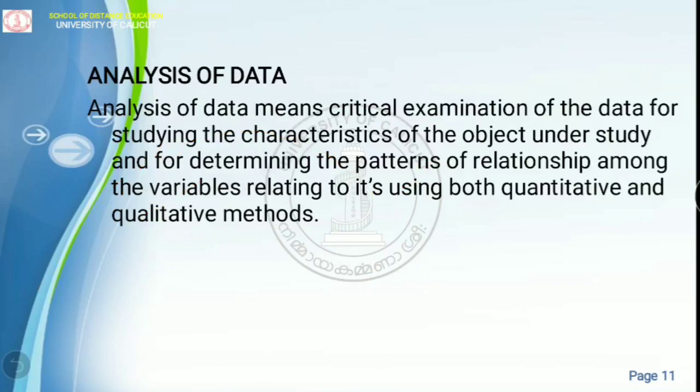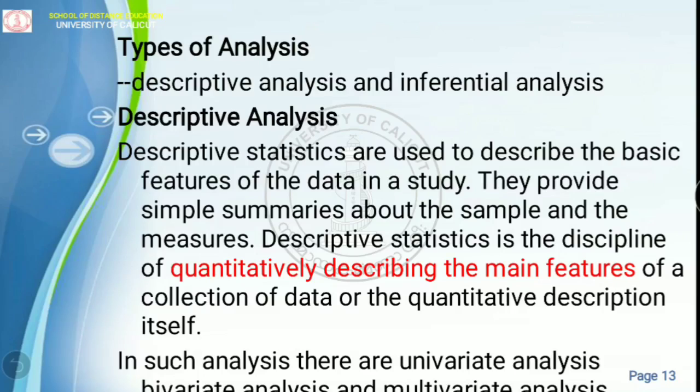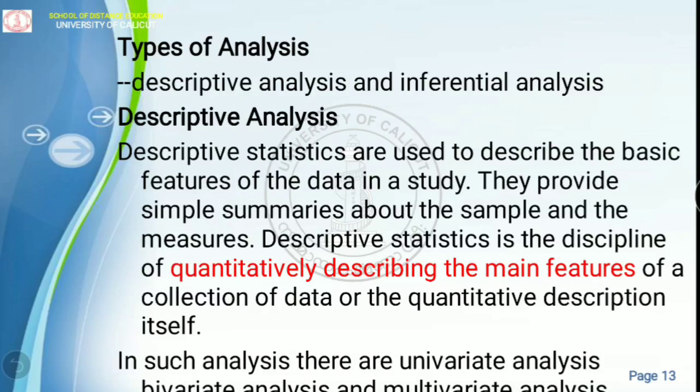Analysis of data means the critical examination of the data for studying the characteristics of the objects under study and for determining the patterns of relationship. Based on the analysis, we can conclude or make an inference about the data collected. We have two types of analysis: descriptive analysis and inferential analysis.